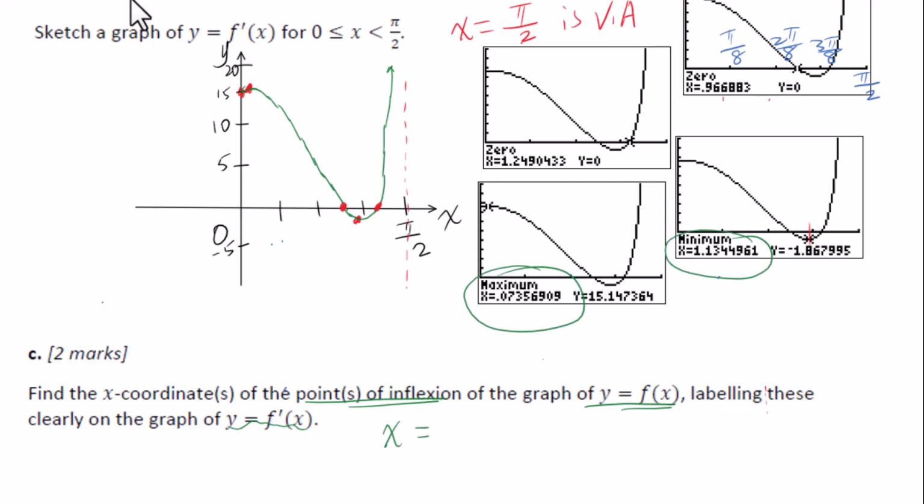So x equals 0.0736 and x equals 1.13. Label the coordinates 0.0736, 15.1, and 1.13, negative 1.87.